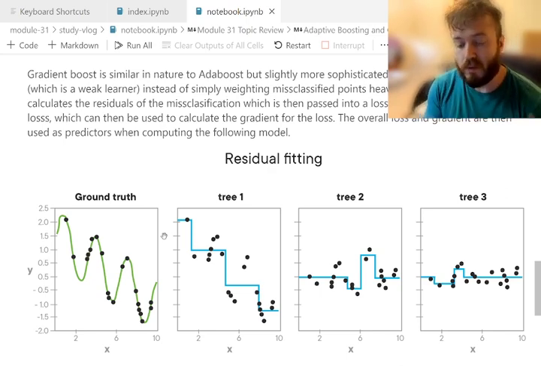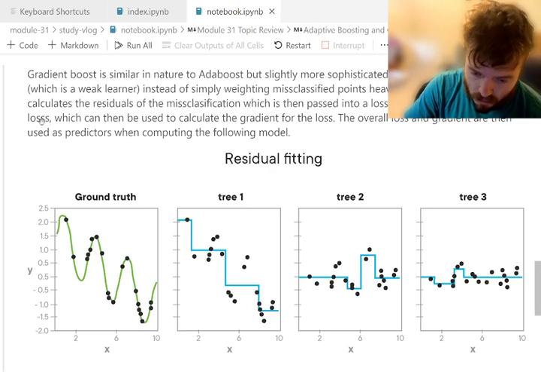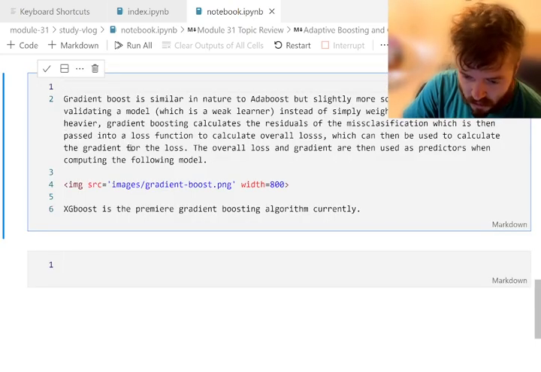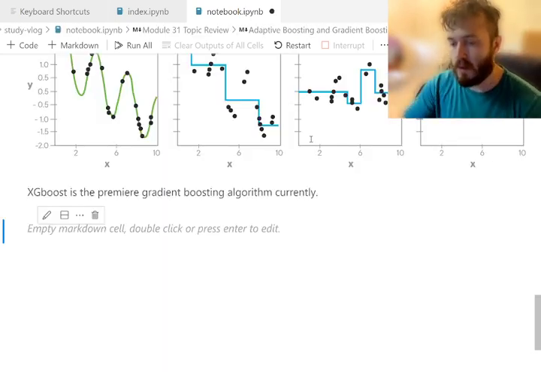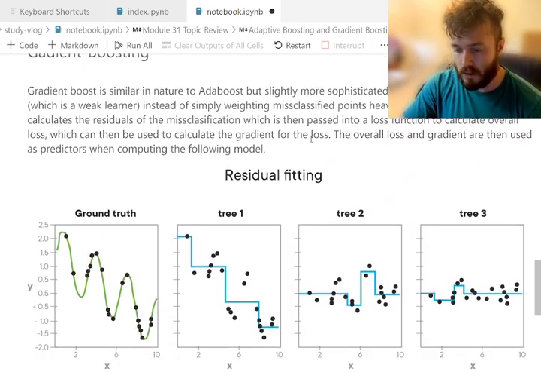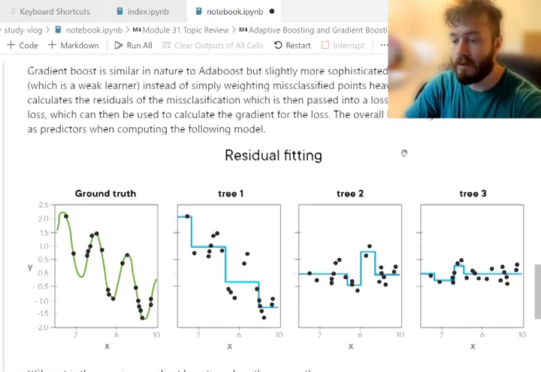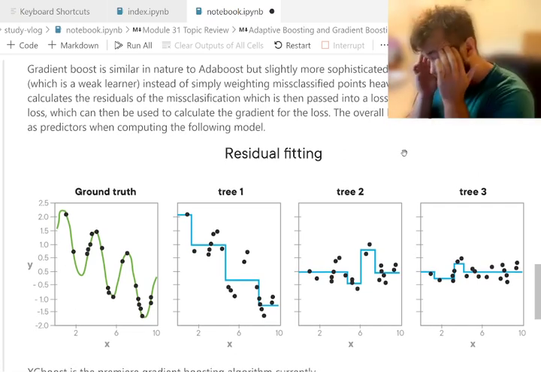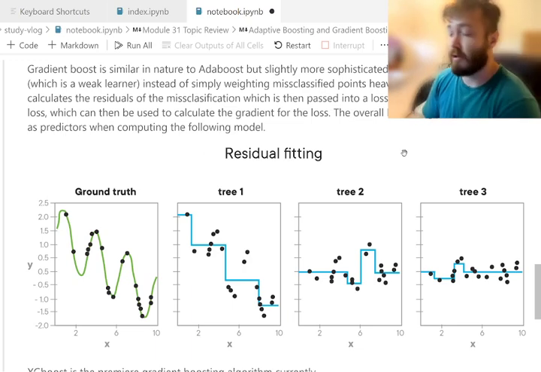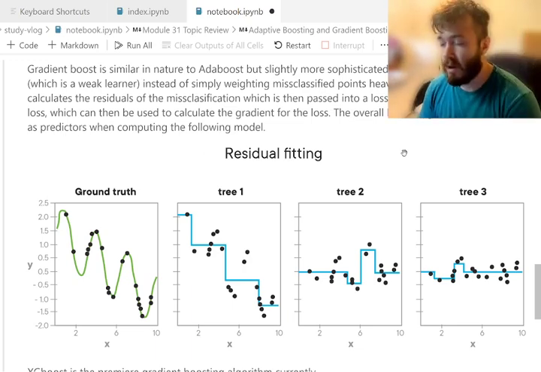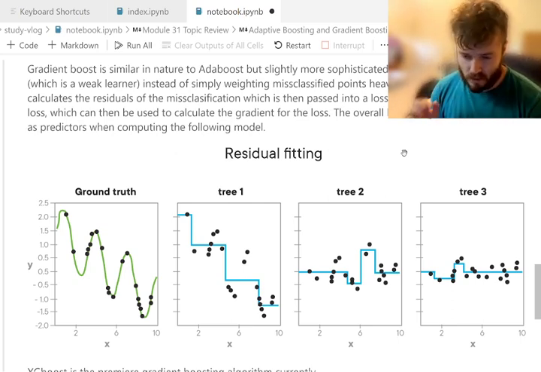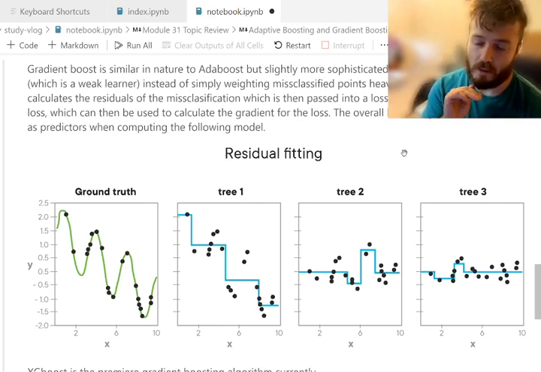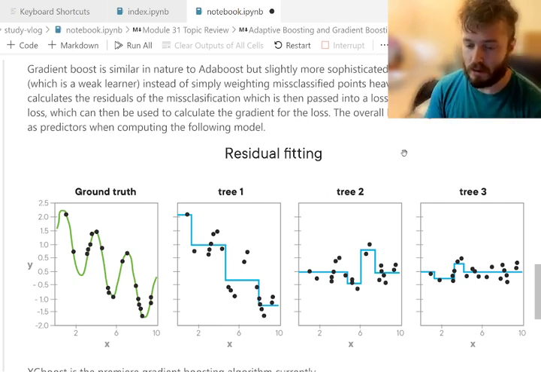Then you calculate the overall loss of the model, and you can use the loss of the model to calculate the gradient, which I went over pretty heavily in, I want to say, module 23, 24, something like that. There's a whole module over gradient descent, and that's all there.